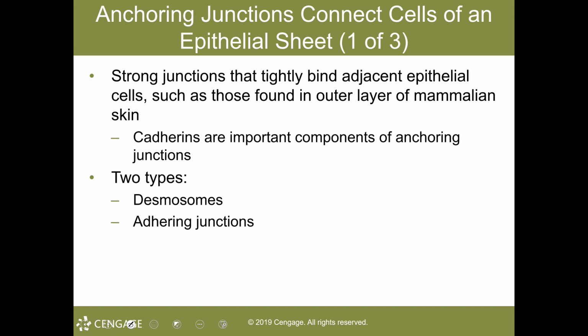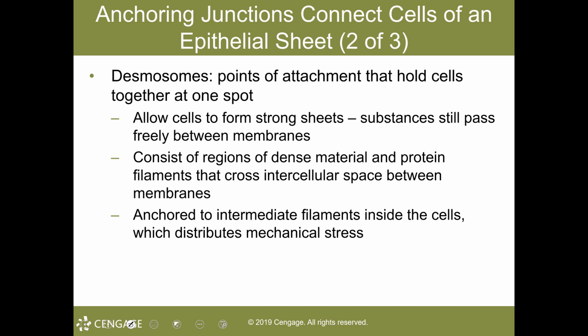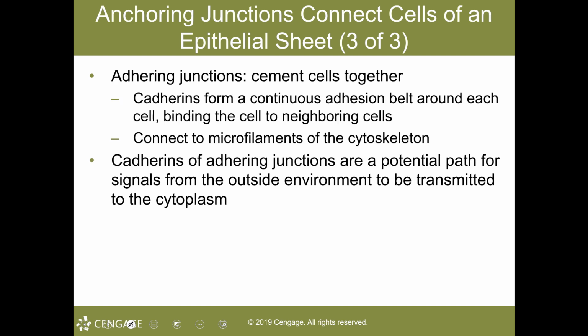These are transmembrane proteins that are components of those junctions, but they also form that continuous adhesion belt around each of those cells. So after the desmosomes, which are like those little spot welds, I'll now get to the adherens, which cement cells together by way of the cadherins.